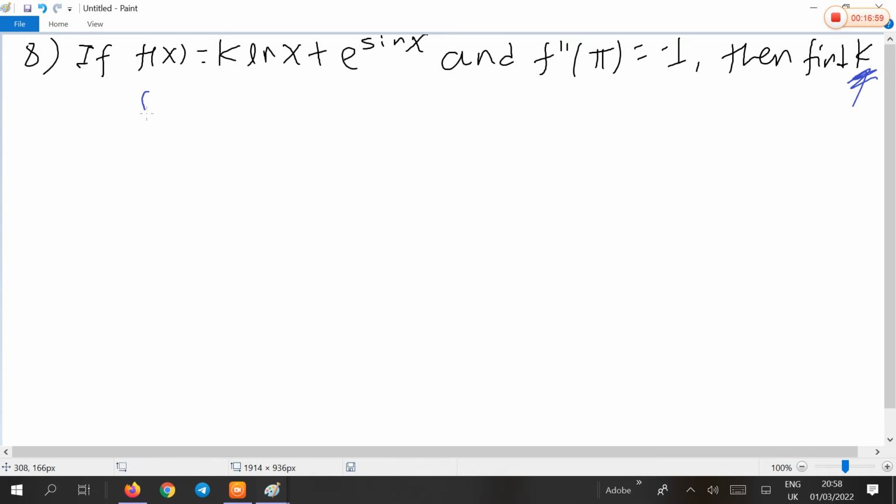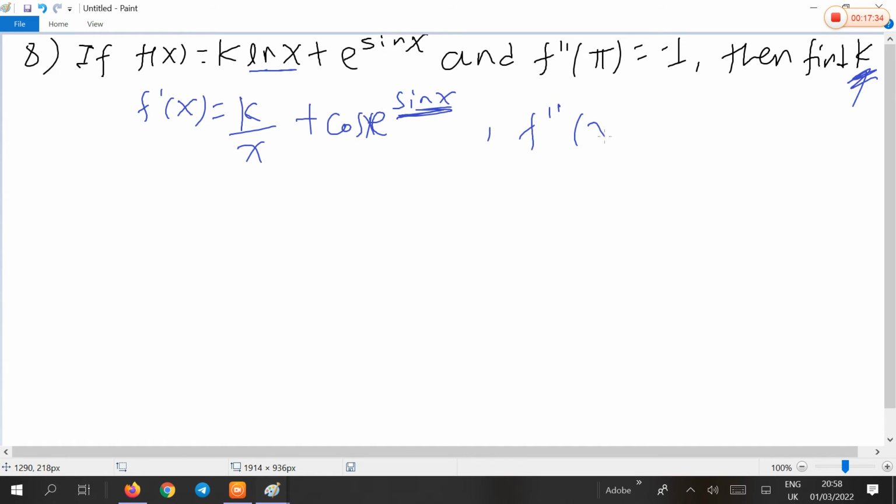So the first derivative at x will be k times, k is a constant number, so the derivative of ln x is 1 over x, plus the derivative of e to the power of sin x, which is e to the power of sin x, then the derivative of sin x is cos x. The given is the second derivative, so we have to find the second derivative.